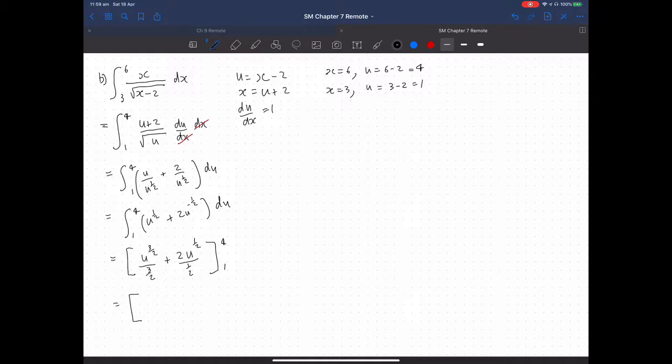Dividing by fractions, so you turn it upside down and multiply, we get 2/3 u to the 3 on 2 plus 4 u to the half, and our terminals were 4 and 1.